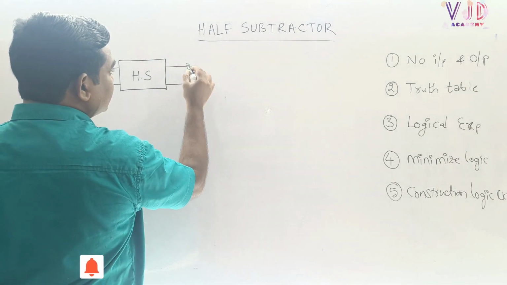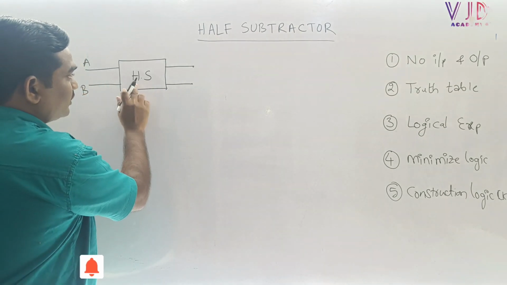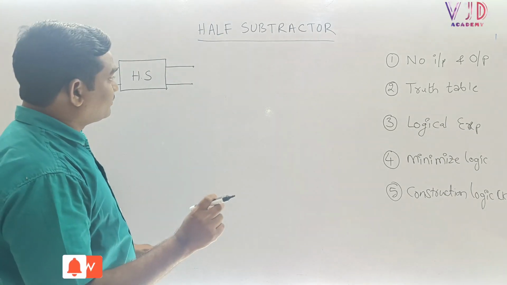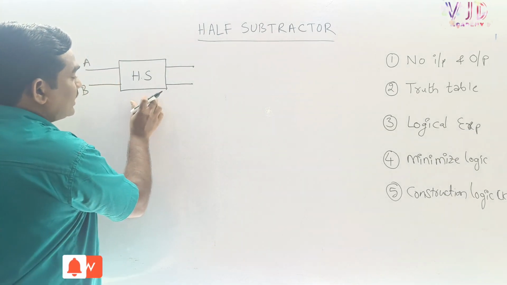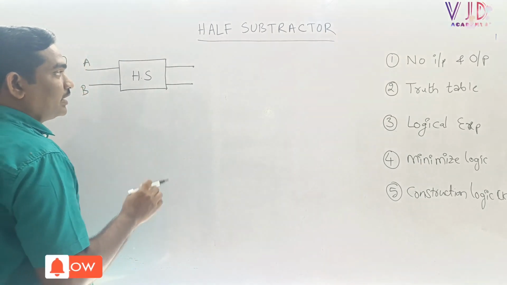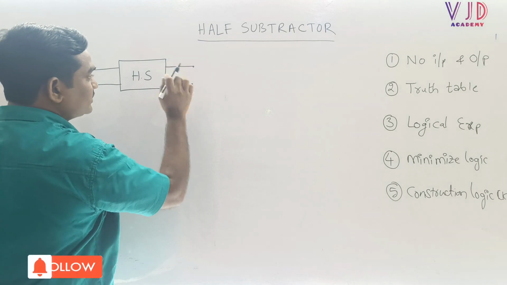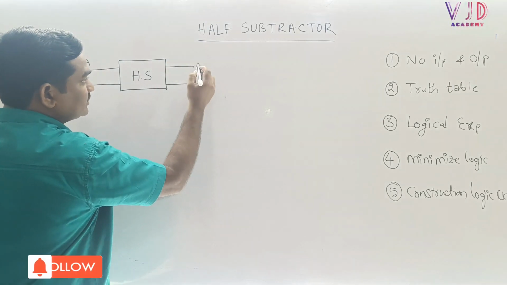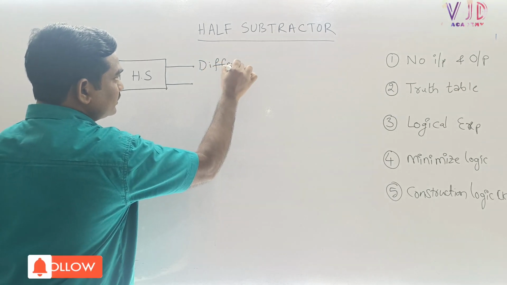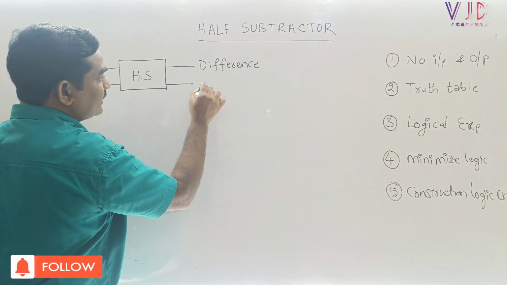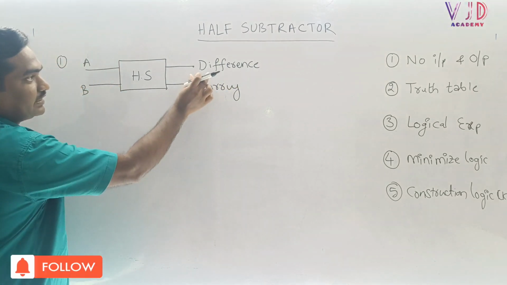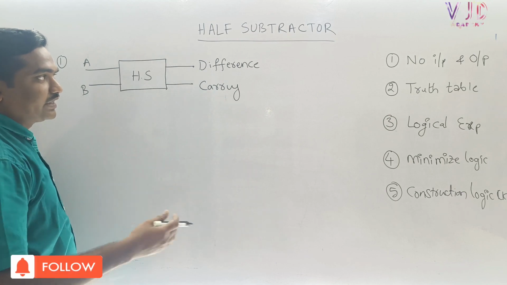In the previous lecture, half adder had 2 outputs, sum and carry. Here in half subtractor we also have 2 outputs, and the first output is difference, and then carry.